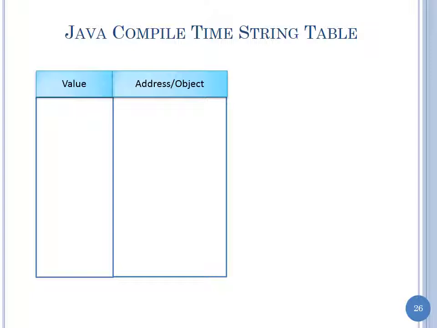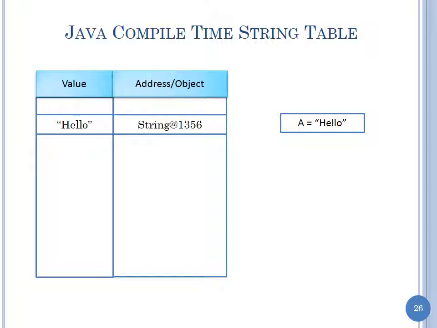Things get more interesting when we look at strings, say strings in Java, which are immutable. So now we say some named constant A is assigned "hello". Hello is a string, it's a bunch of characters, so we're not just talking about one address, we're talking about a whole object. So we can allocate an object for the string "hello".